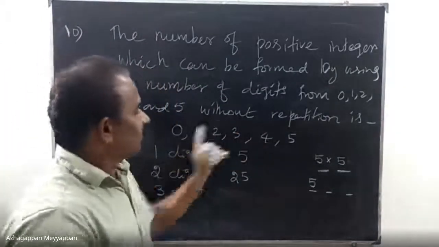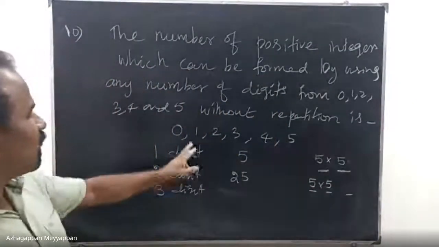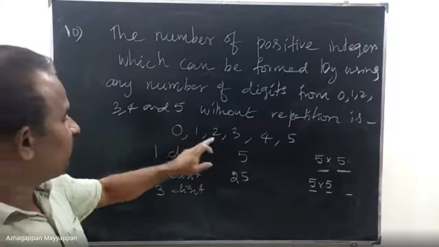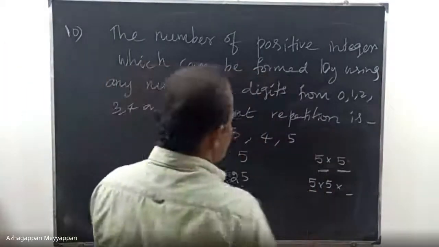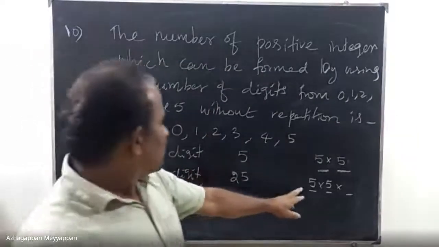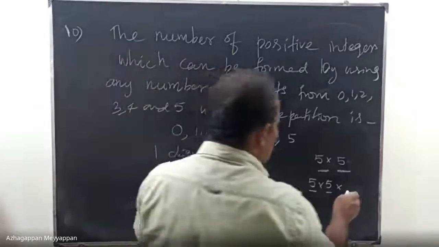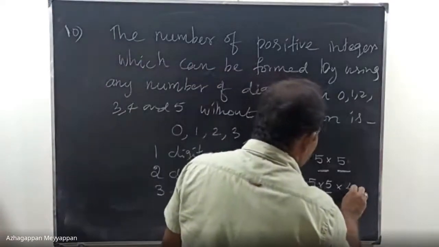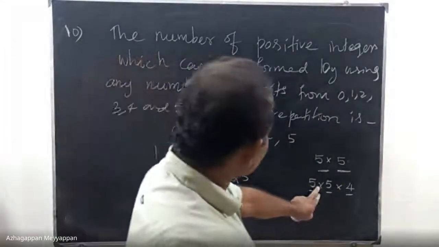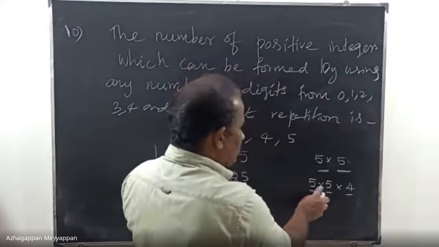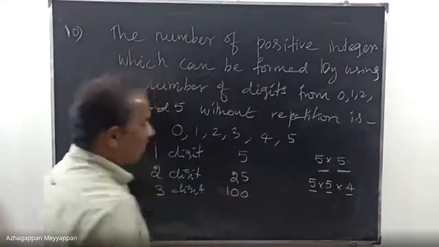Then 6 minus 1 is 5, then 5 minus 1 is 4. So 5 into 5 is 25, 25 into 4, therefore 100 numbers. Clear?